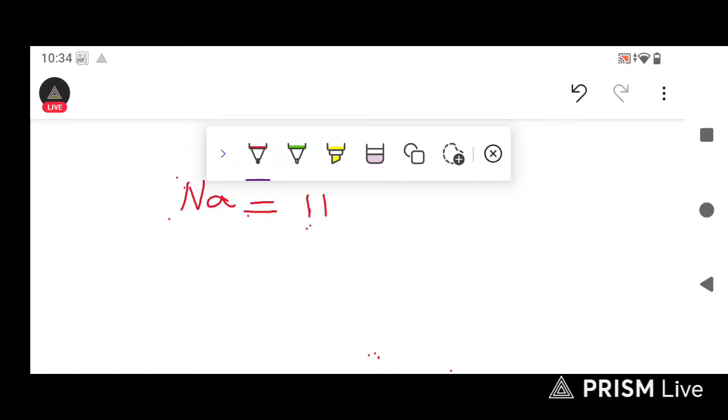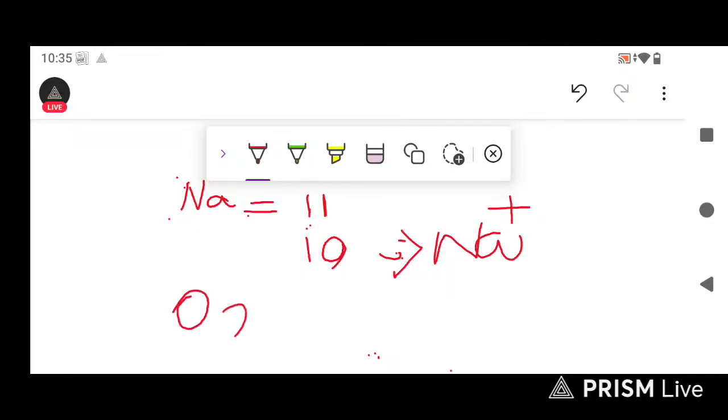If it loses one electron, then the number of electrons remaining is 10. So we can say that sodium loses one electron and forms an ion, that is Na positive, meaning it lost one electron.